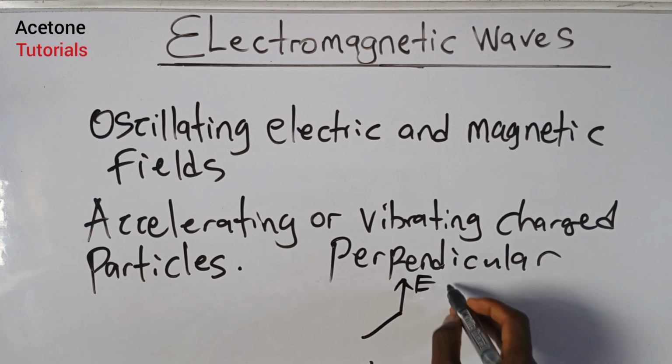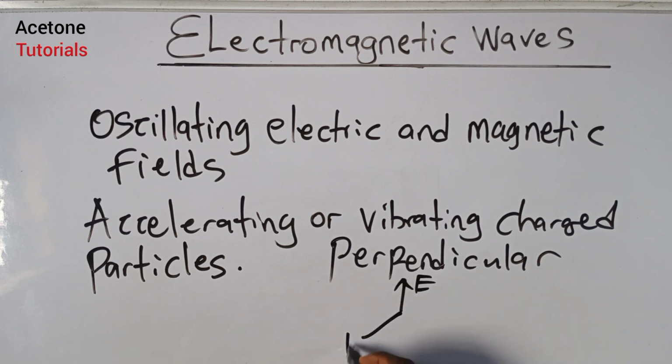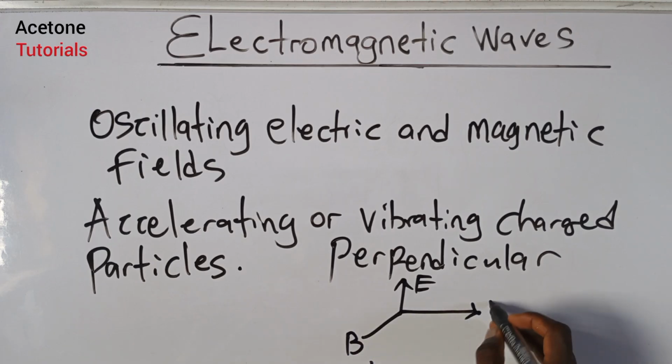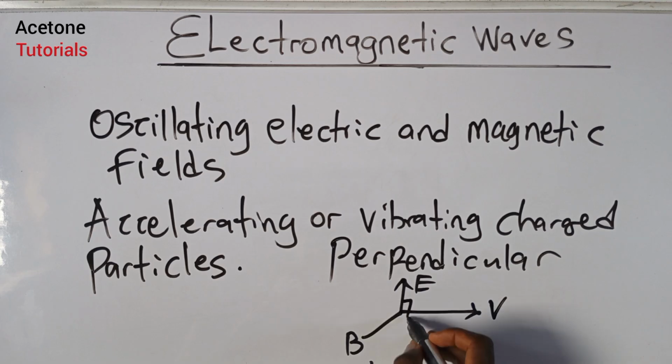If this is the direction of the electric field, this is the direction of the magnetic field. This is the direction of the propagation velocity. So both the electric fields and magnetic fields are perpendicular to each other, and they are also perpendicular to the direction of propagation of the wave.